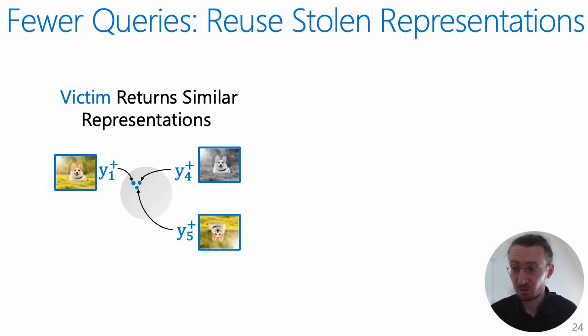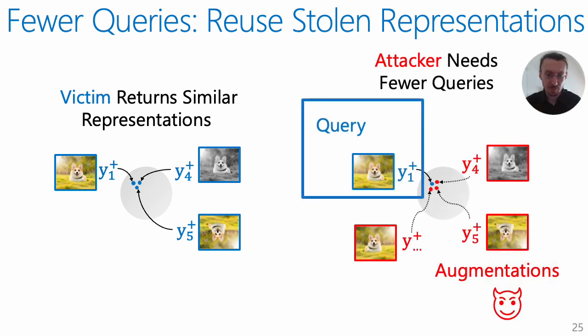Thus, to reduce the number of queries sent to the victim encoder, you can query it only once. Then we augment images many times and query our stolen copy. After the training of the stolen copy, all the representations for the augmented image should be close to each other, to the given anchor representation from the victim.